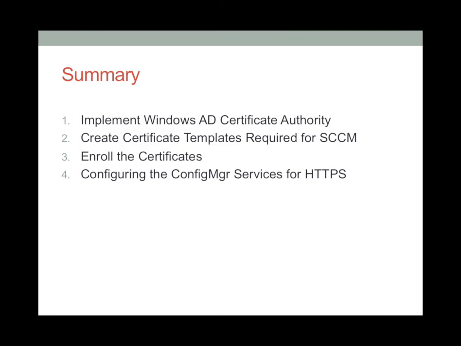Again, there are three. There's a client certificate, the IIS certificate, and an exportable client certificate. Then we need to enroll those certificates onto the corresponding machines that need them. And finally, we need to configure the different configuration manager services for HTTPS.